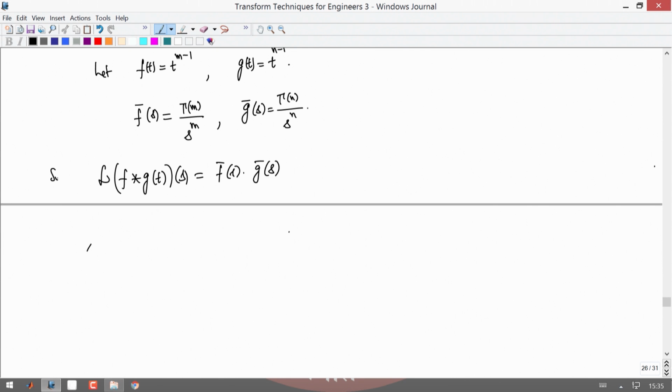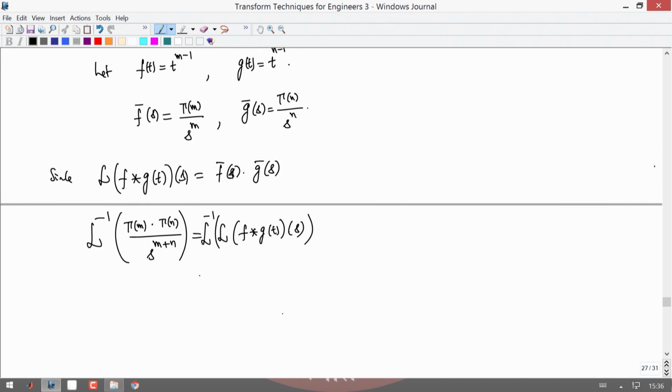Since this is the case, the right hand side is gamma m gamma n by s power m plus n, which is the Laplace transform of f convolving with g of t, a function of s. So, you take the inverse transform on both sides, that makes the right hand side f convolving with g as a function of t.